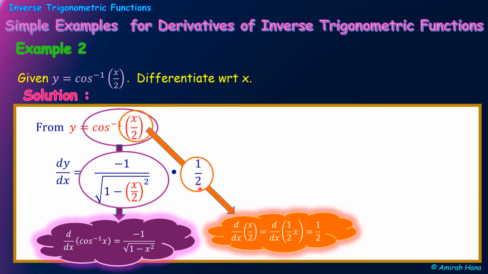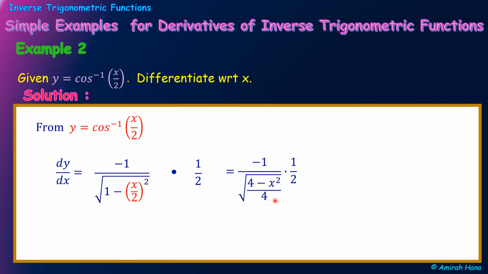So we can put it here, and after that, we can simplify. Square root of 1 minus x over 2 bracket squared: when we standardize the denominator, we get 4 over 4, which means 1, and then minus x squared over 4 because 2 squared.